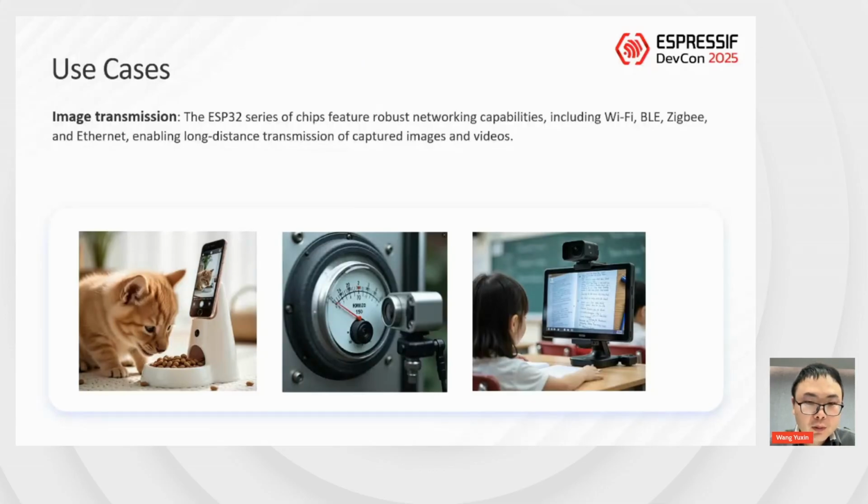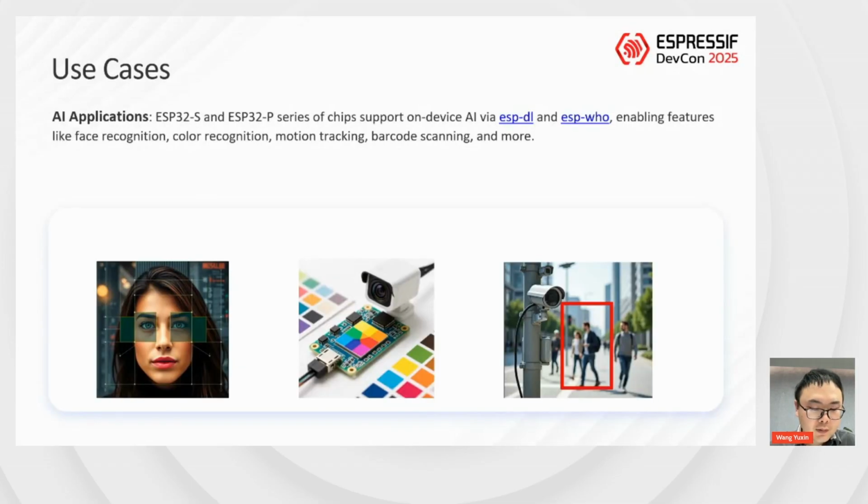So what can you build with esp-video? At the basic level, you can capture images and send them to a phone or the cloud. For more advanced operations, you can pair esp-video with our esp-DL and esp-who components to add AI capabilities like face recognition, color detection, motion detection, and barcode scanning.